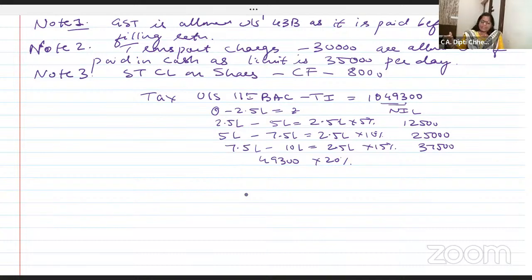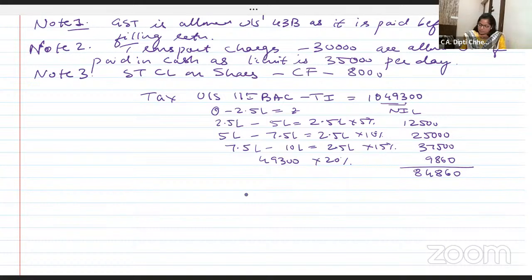That is the old tax regime. Right now, it's the new tax regime. So 49,300 into 20% is 9,860. No question of surcharge. 9,860 plus 37,500 plus 25,000 plus 12,500 is 84,860.